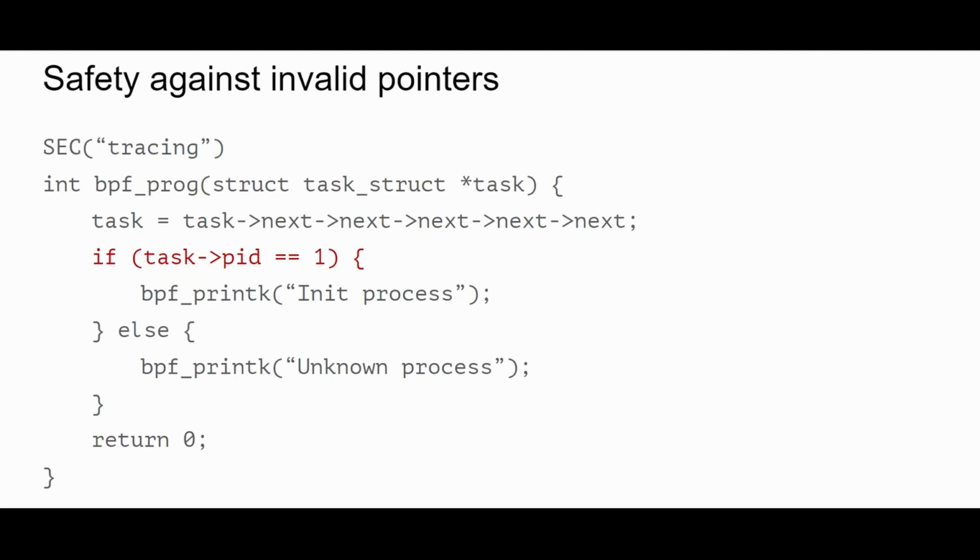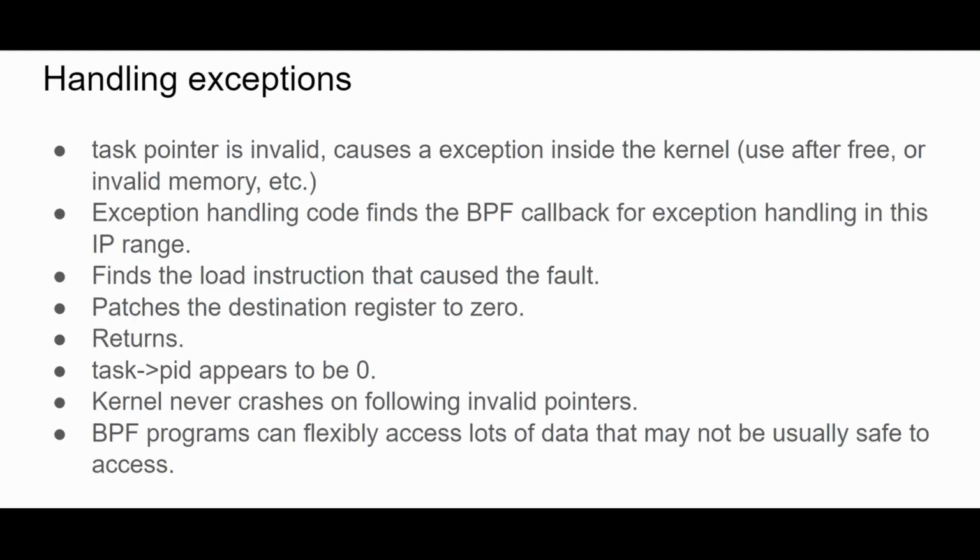So normally when you do an invalid access inside the kernel, you get a kernel panic, right? You do an invalid memory access, the kernel will print the stack trace and just reboot. But in this case, BPF registers a callback inside the kernel. So the mechanism is like this.